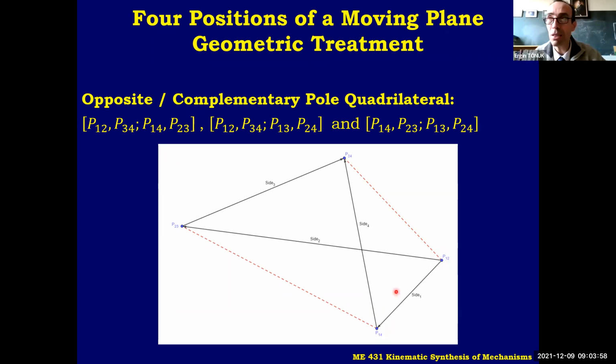So what I'm doing is labeling this side of the pole quadrilateral as side 1, which is very similar to the pole triangle. Remember, in a pole triangle as well, we were labeling the sides with the index that was common to the poles. And why is this important?